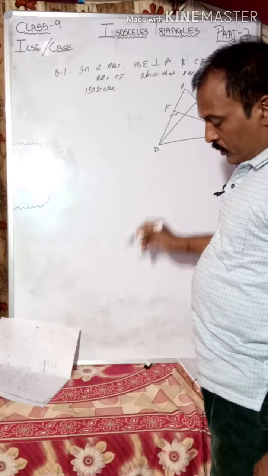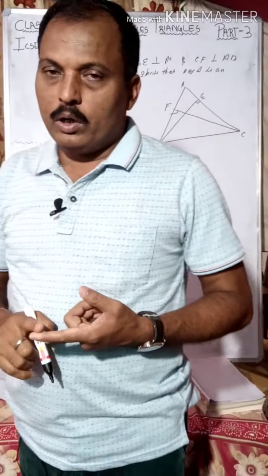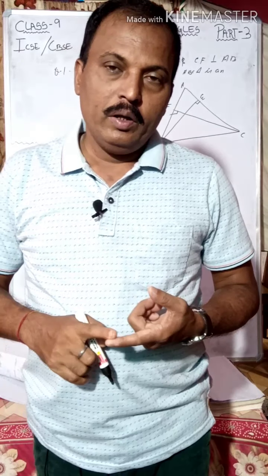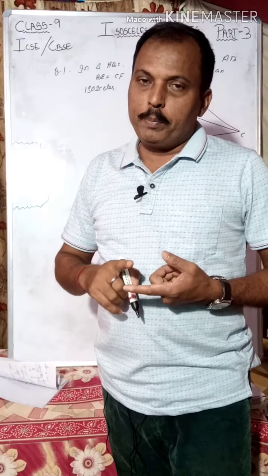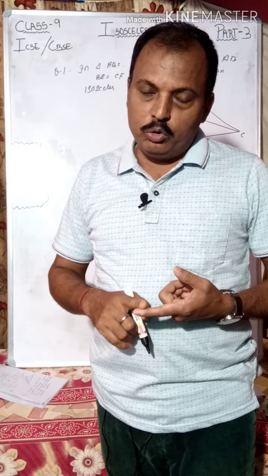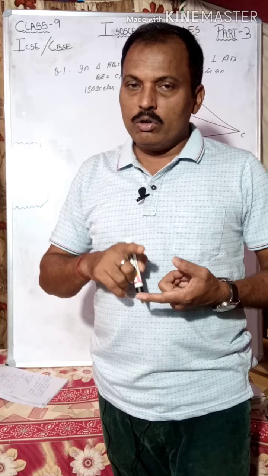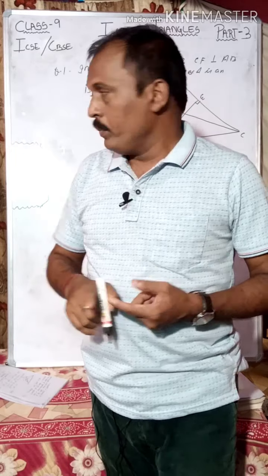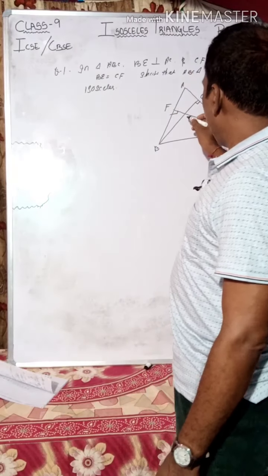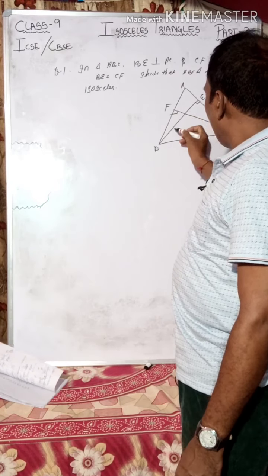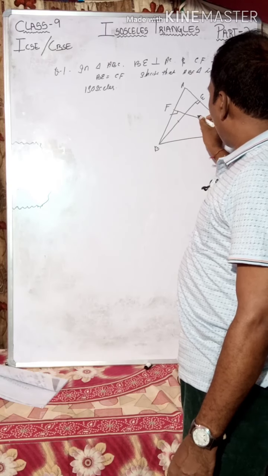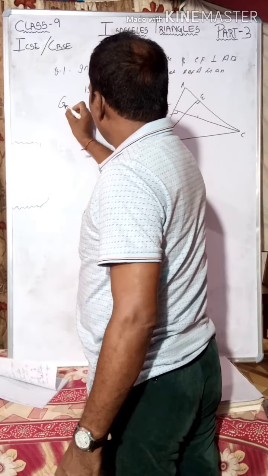We know that the three perpendiculars or three altitudes of a triangle are concurrent, and the concurrent point is the orthocenter. So this is a point, and this side is equal to this side, given.